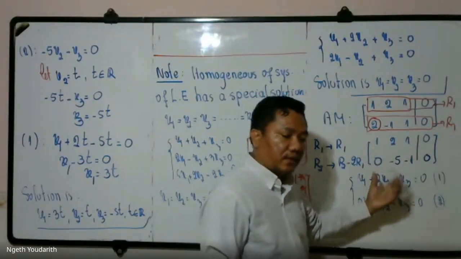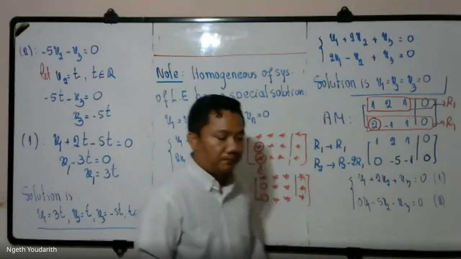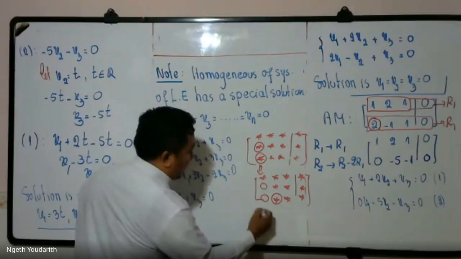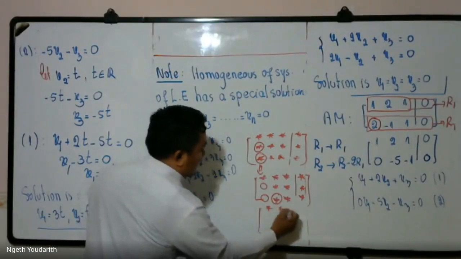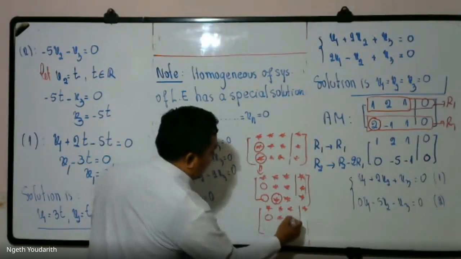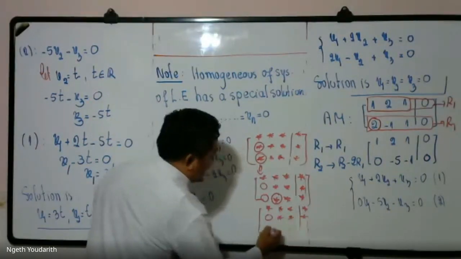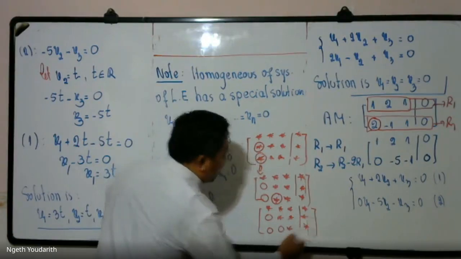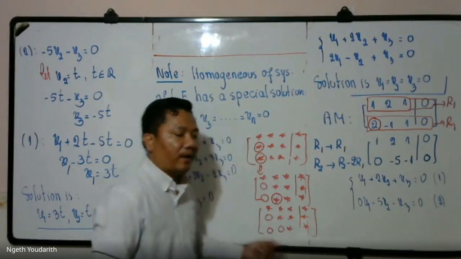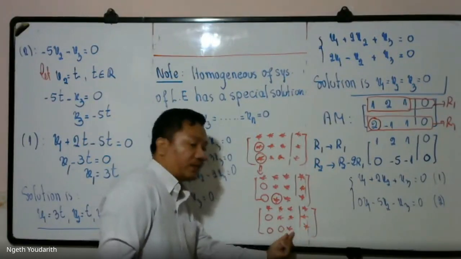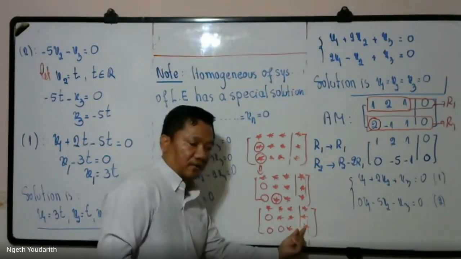And the next step you convert this one to 0. So you get star, star, star, then 0, star, star, then 0, 0, star. At this point, it is the easy way for us to find the solution. You get one equation, you get one variable. So can you find it or not?